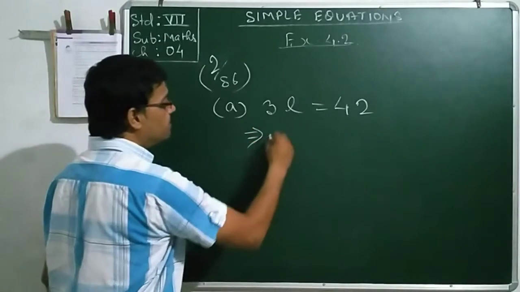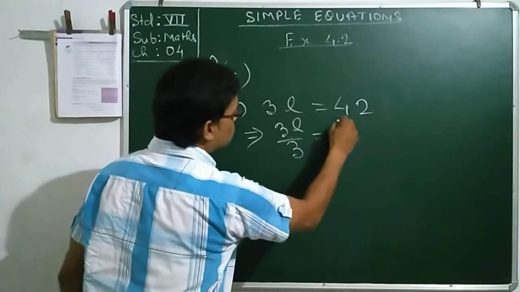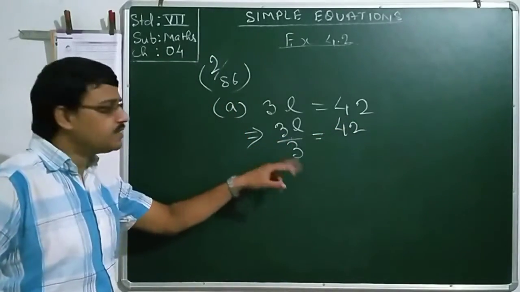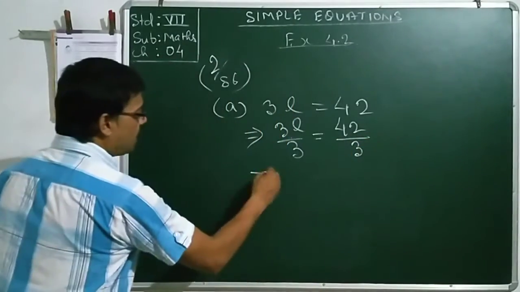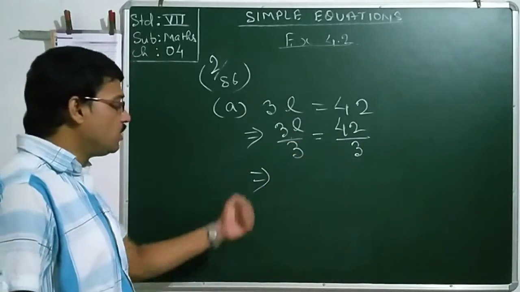In the next step, 3l by 3 equal to 42 by 3, as it's divided by 3, so RHS will also be divided by 3. 3 by 3, that is 1 into l.